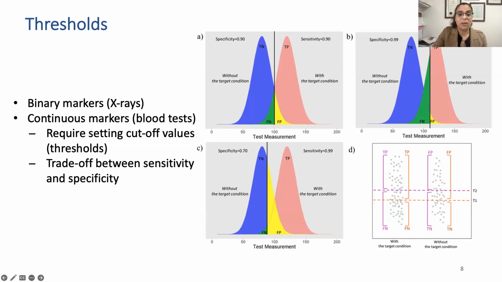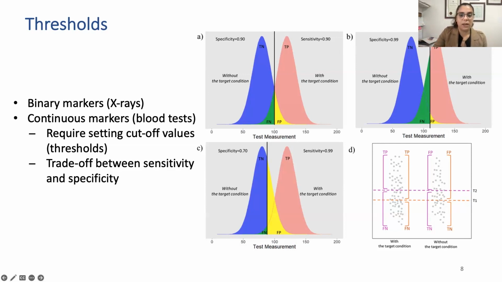So increasing now the threshold from 100 here in the A plot to, let's say, 110, the proportion of those without the disease increases. And therefore, as we can see, the specificity has also increased. So higher thresholds produce more true negatives and increase specificity, but as you can see, sensitivity decreases.